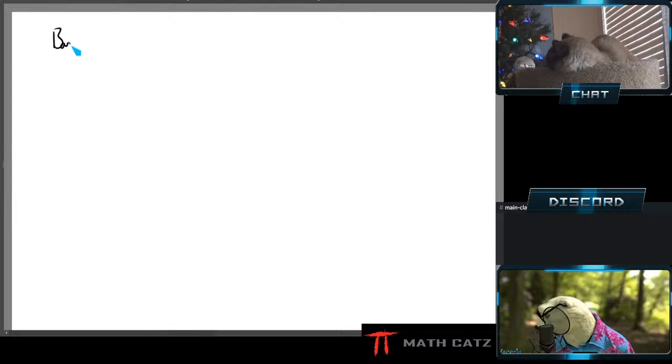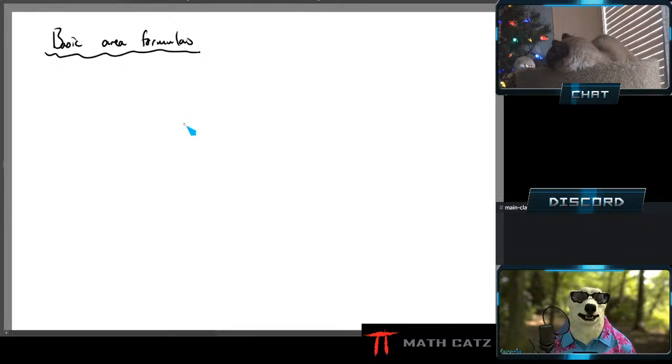So we'll just do a basic introduction, overview of some area formulas of familiar polygons that we have talked about. It might not take us the whole session, doesn't matter. But it's an important session to get out of the way. It has to be put somewhere, so I put it here.